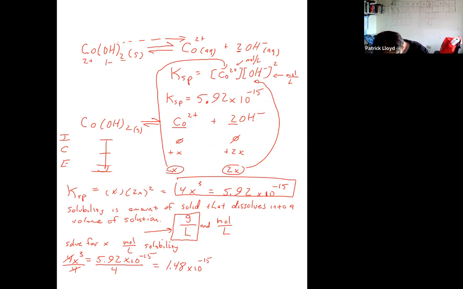So if we want to find X, what do you do? You take what's called the third root. If you had X squared and you want to find X, you take the square root. X cubed is X to the third power, so you take the cube root. This can also be written as X to the 1/3. Some calculators have a cube root function.